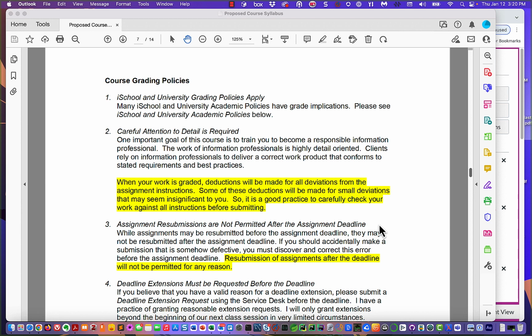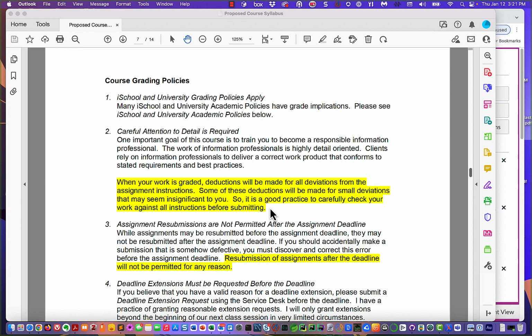The first thing is there are university and high school policies that apply to grading, and those apply in my class too. You have to pay careful attention to detail on this, of course. This is really a detail-oriented enterprise.